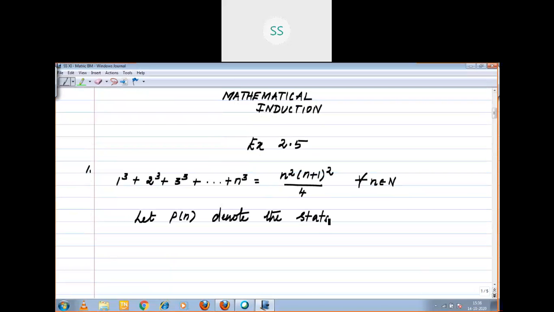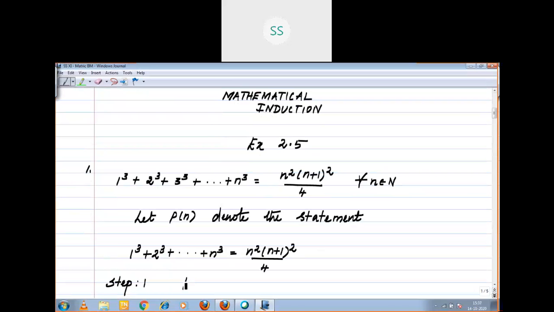What exists on the left side, that is 1 cube plus 2 cube plus etc. plus n cube equal to n square into n plus 1 the whole square divided by 4. First step, this is your P of n.